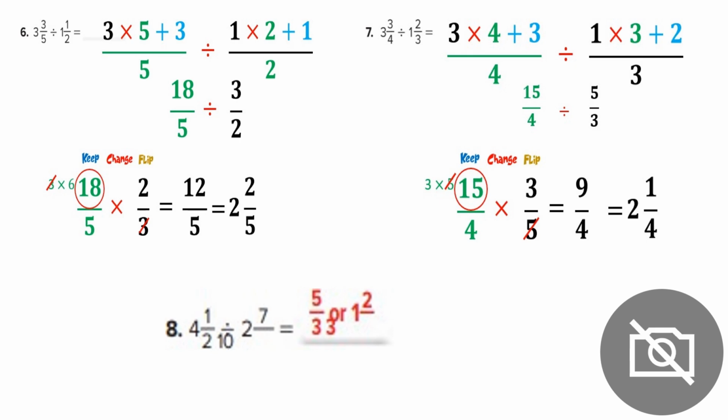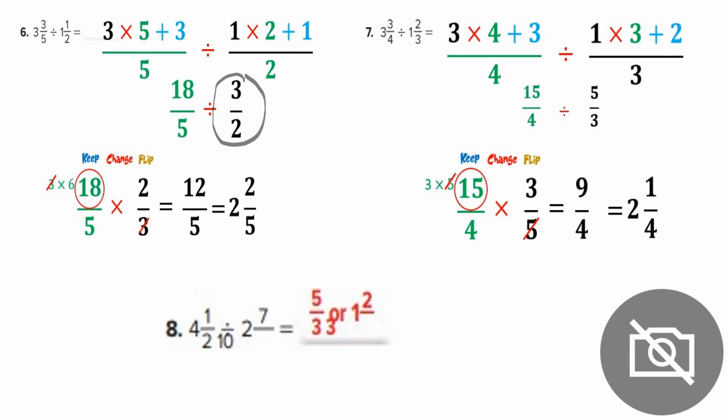So 18 over 5 divided by 3 over 2. Then what we can do is 18 over 5 multiplied by the reciprocal of 3 over 2, which is 2 over 3. So 18 over 5, this division we changed to multiplication by making the reciprocal. So 3 over 2 we have written as 2 over 3.